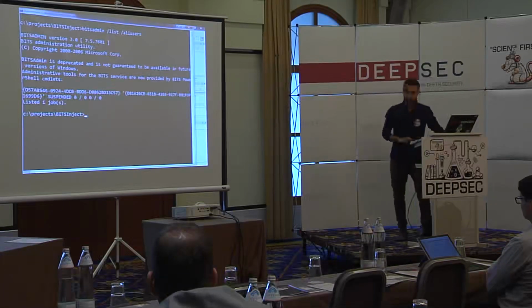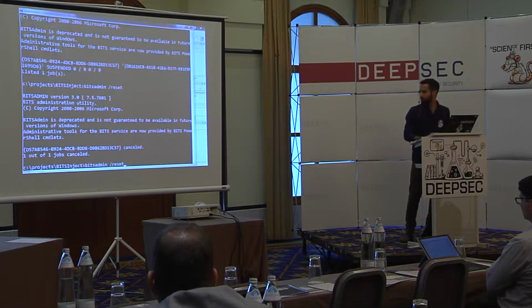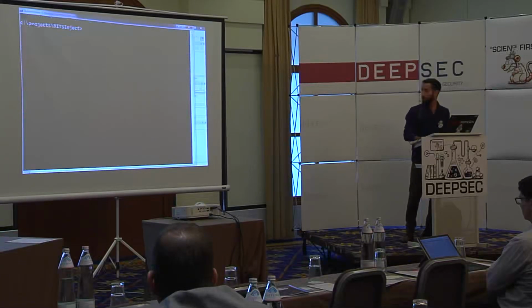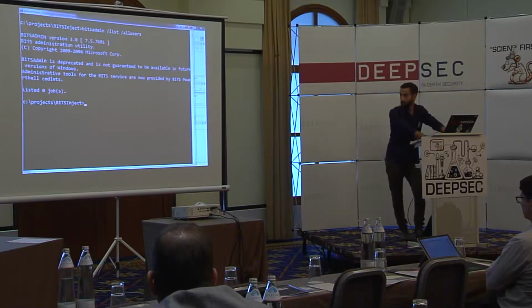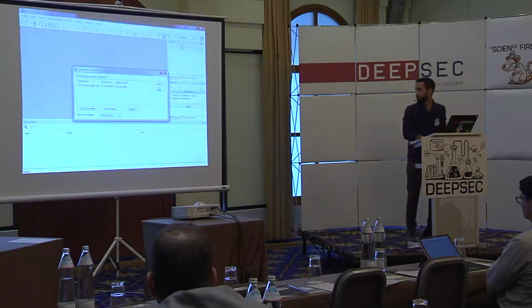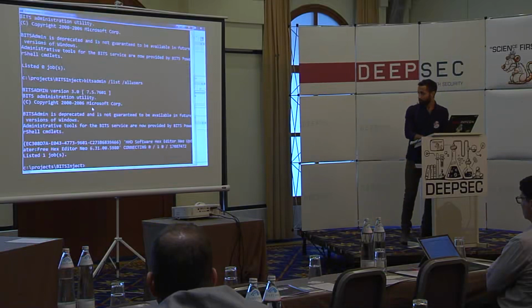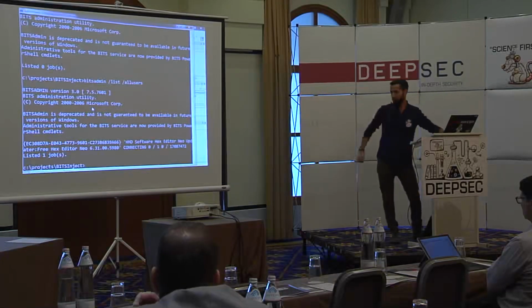If we look now at the queue, this is just a reminder from a previous try. We'll start with an empty queue. We use the list command to list all the jobs in the queue. Currently, there are 0 jobs listed. Now, if we go back to the editor and choose to download the update and look at the queue, we can see 2 new jobs added.